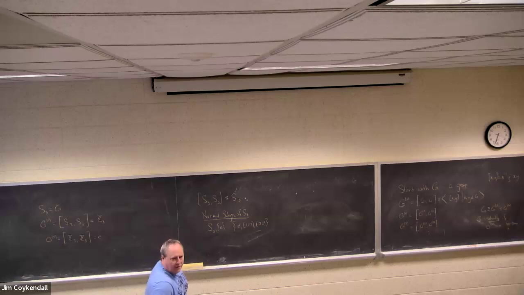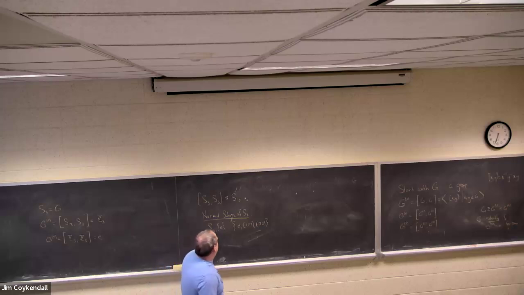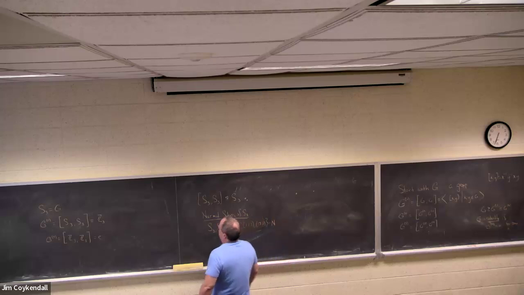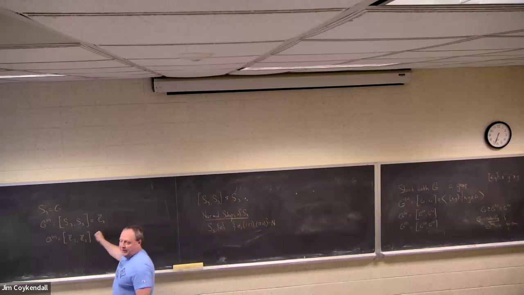Of course, you're aware of this group. It has to be normal because it's index 2. Y'all remember that any subgroup of index 2 is normal. I'm going to call this N. N is isomorphic to Z3.